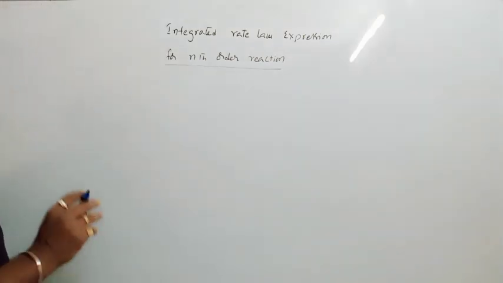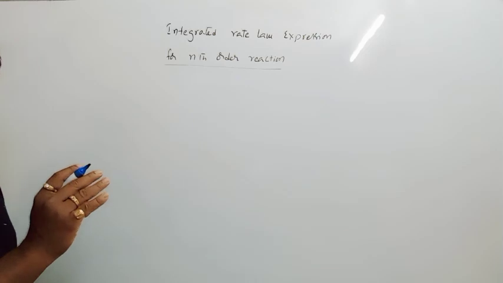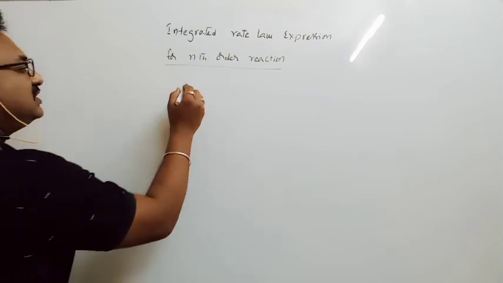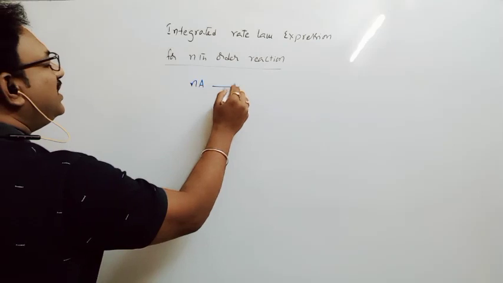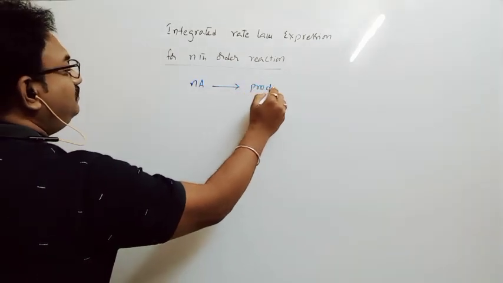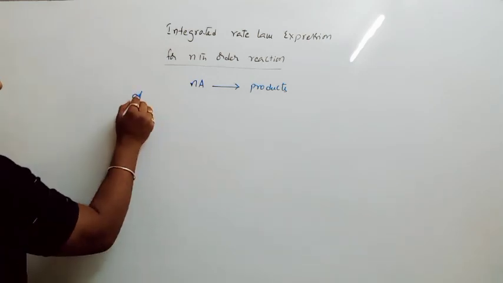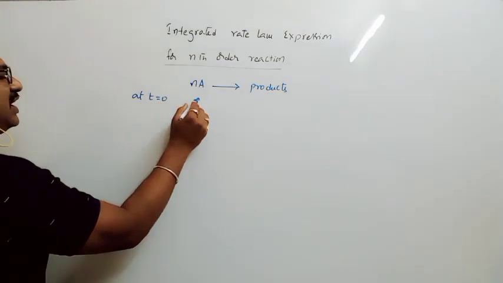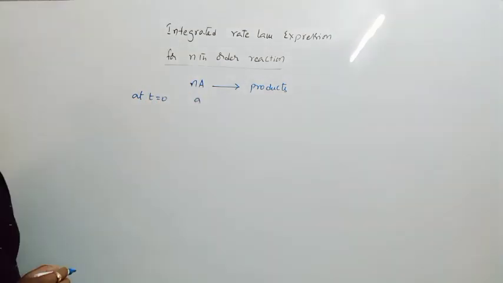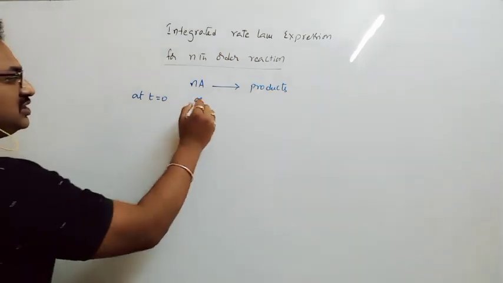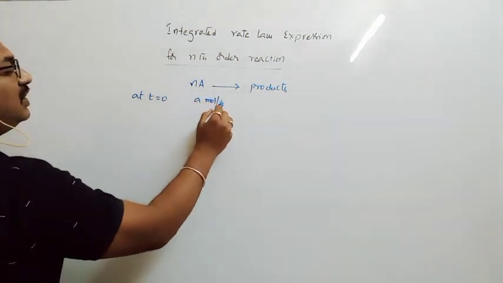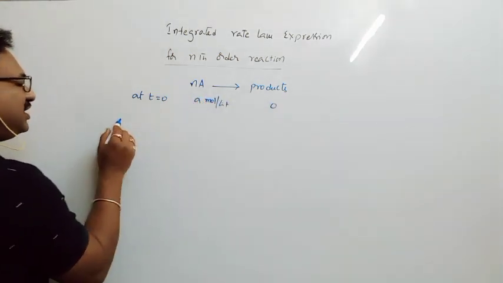Okay. So, all of you first assume a chemical reaction like this. n moles of A gives rise to products. Now, at t equal to 0, let the concentration of the reactant be a moles per liter, and the initial product is 0.